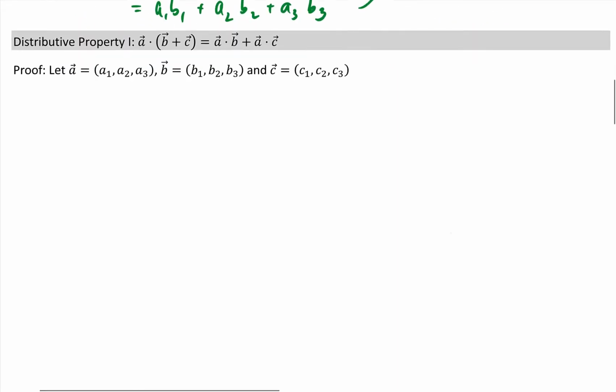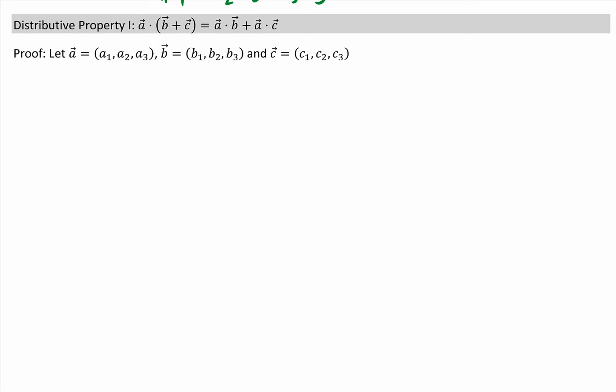Next up is the distributive property. If I have A dotted with B plus C, I can distribute that dot into the brackets, and I should have A dot B plus A dot C. So to start the proof, we're going to let vector A equal A1, A2, A3, vector B equal B1, B2, B3, and vector C equal C1, C2, C3.